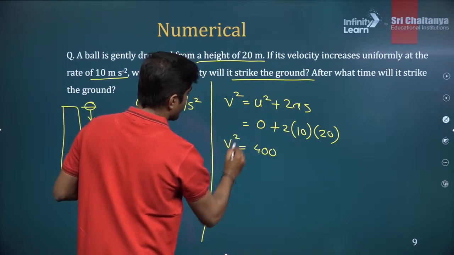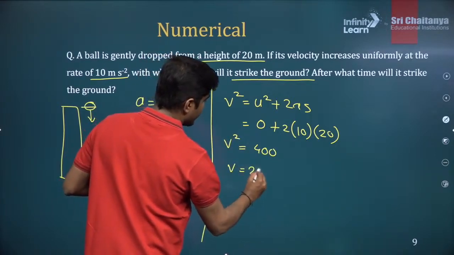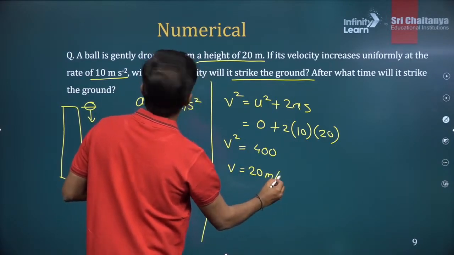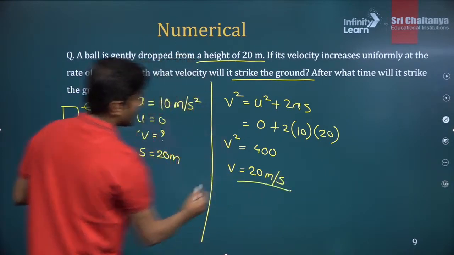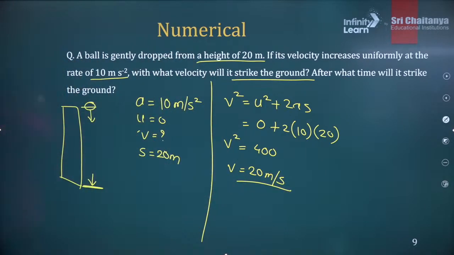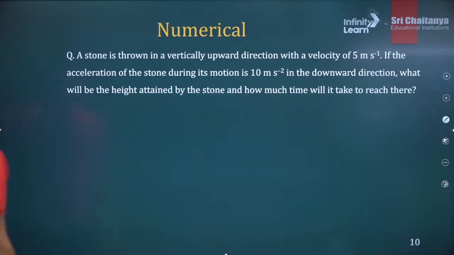So V square is 400, V is 20 meters per second. This is the final velocity, correct? Clear? Let's go to the next question.